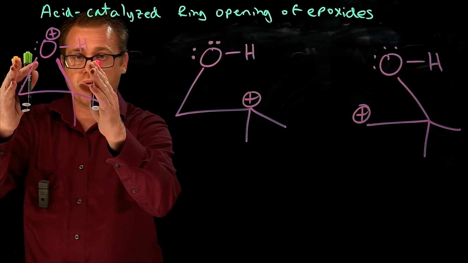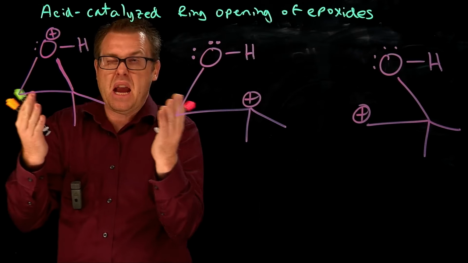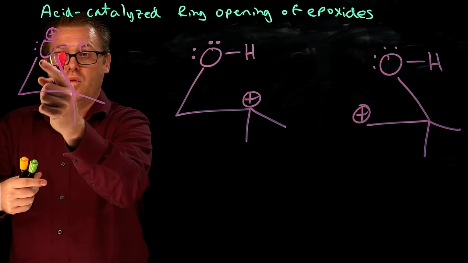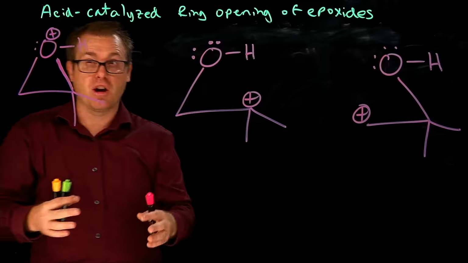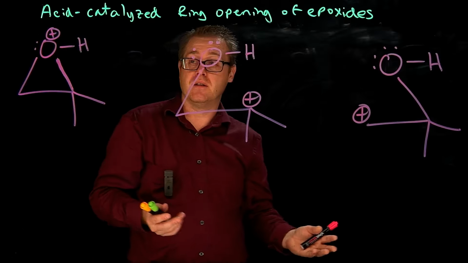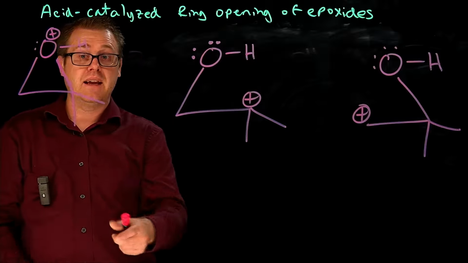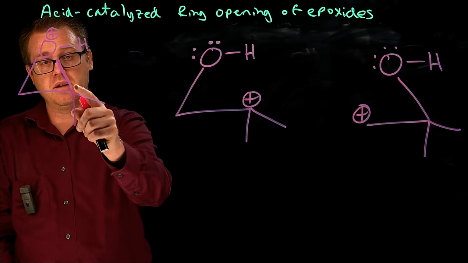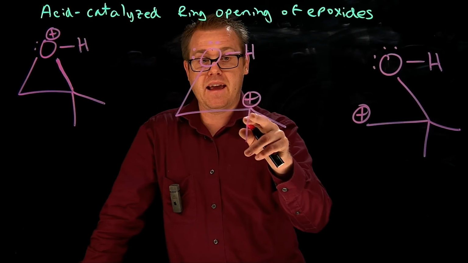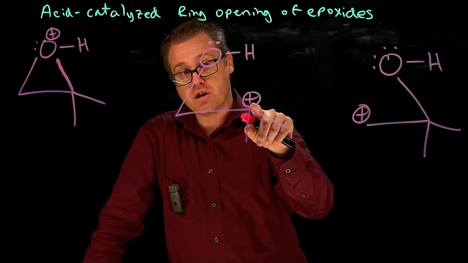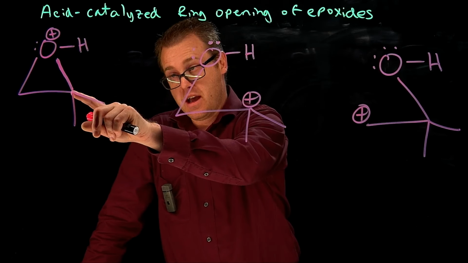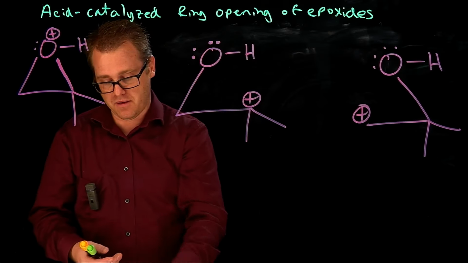So when the protonated epoxide is making the decision on which bond it wants to start to break, it's going to choose this one because it has a greater partial positive charge right here.